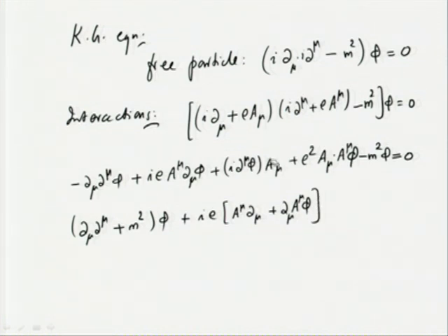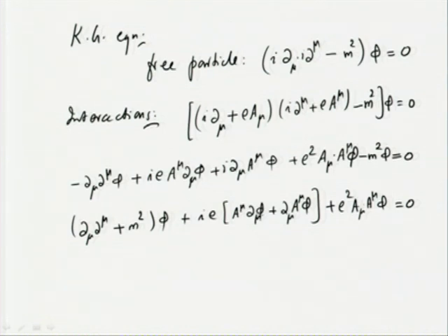Sorry, there is a mistake that we made in the earlier expression. It should have been dou mu A mu phi. So, this plus E square A mu A mu phi equal to 0. Now, this has two terms which should correspond to the interaction of the electromagnetic field with the charged particle phi.